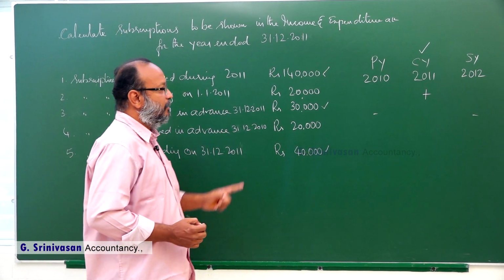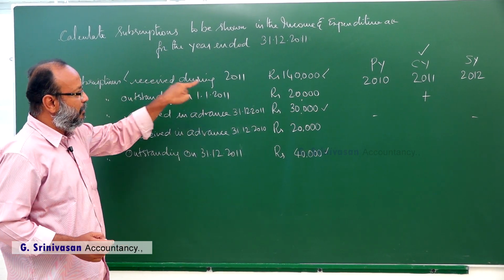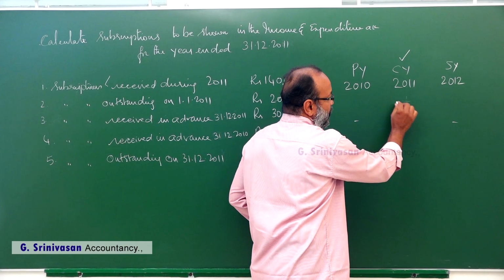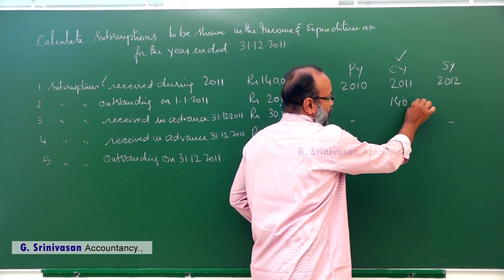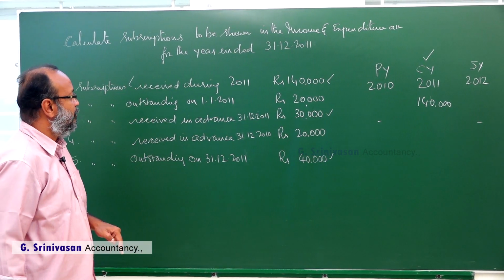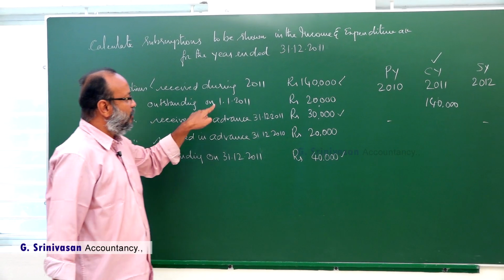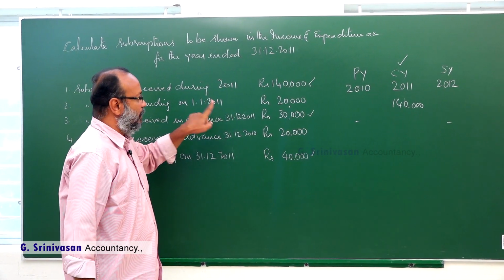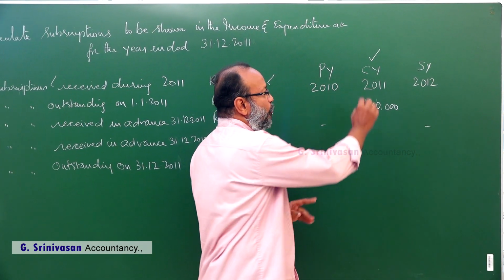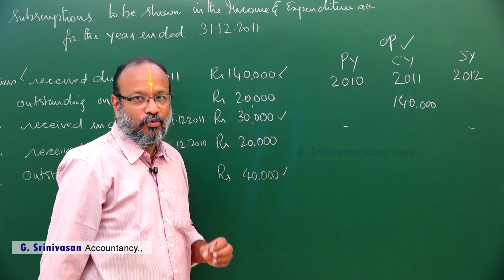Now let's take the first statement. What it says, subscriptions received during the year 2011 is 1,40,000. We start with that one. Then the next one says outstanding on 1/1/2011. On 1/1/2011, that is the opening of the current year, it was outstanding, or we call it accrued.